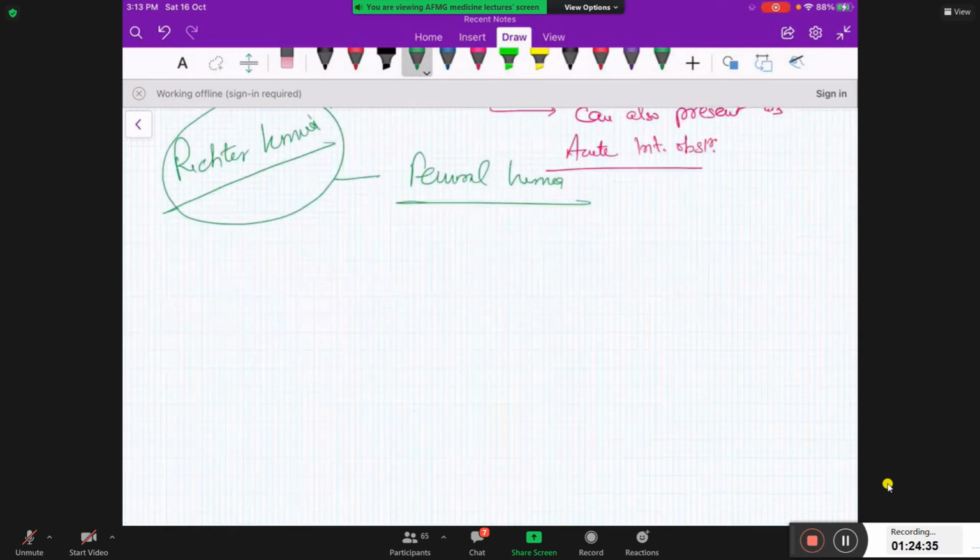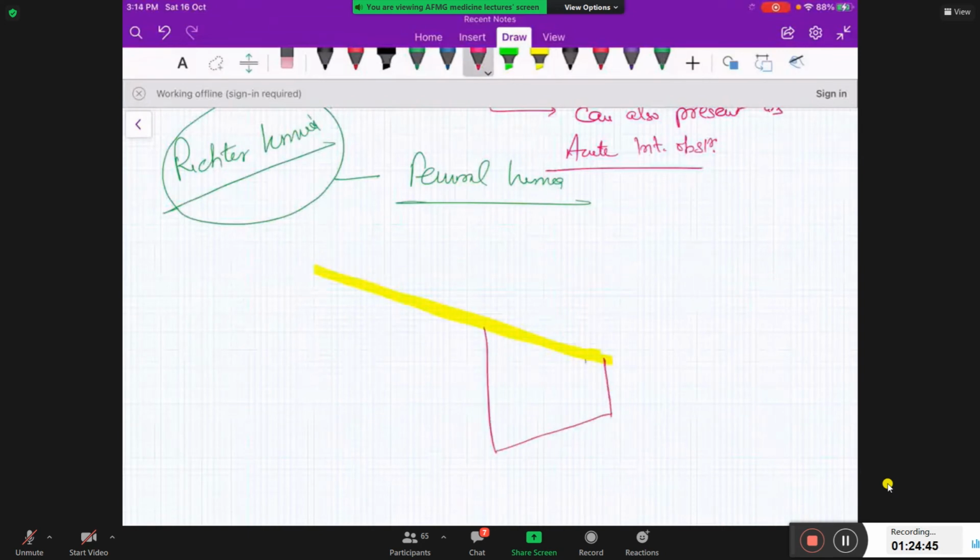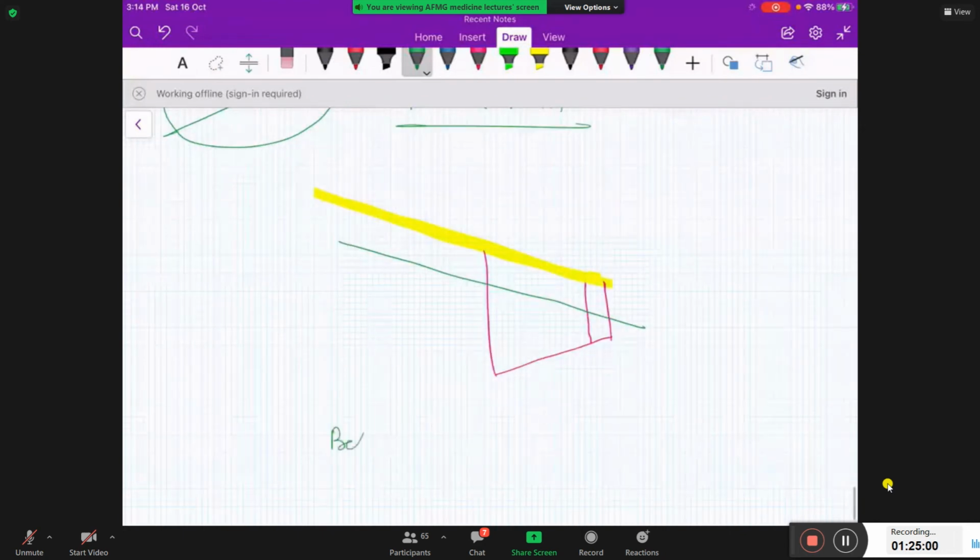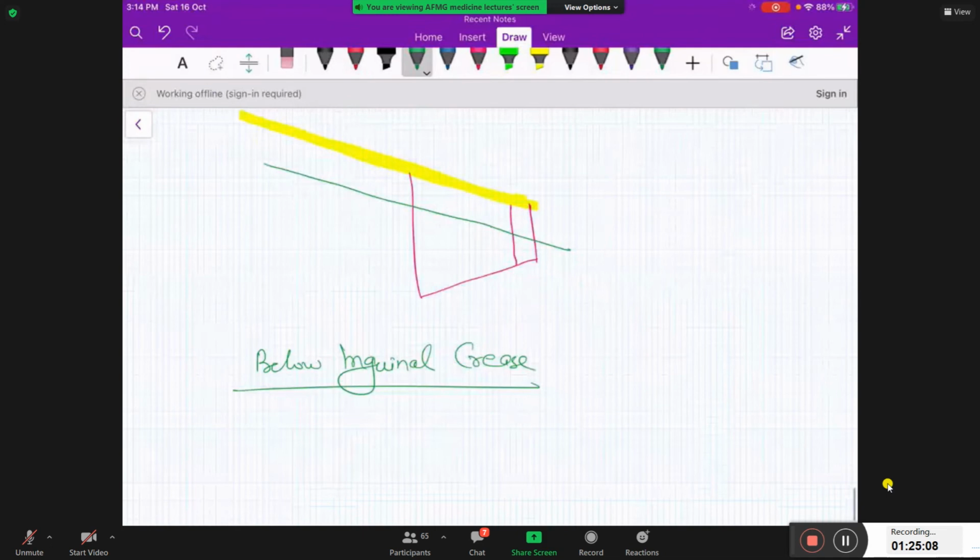If this is the inguinal crease, and this is the femoral triangle and this is the femoral ring, if you give an incision below the inguinal crease in surgery for femoral hernia, it is called Lockwood operation.